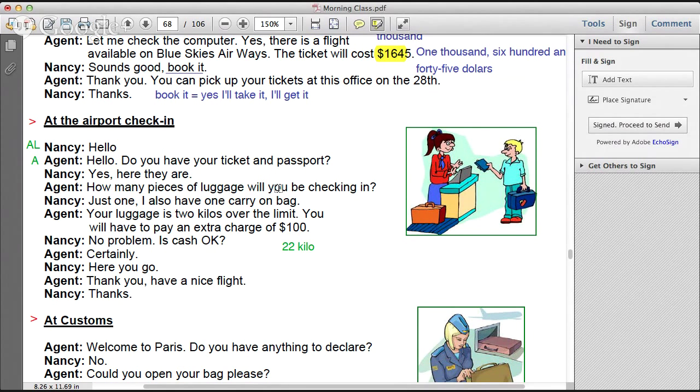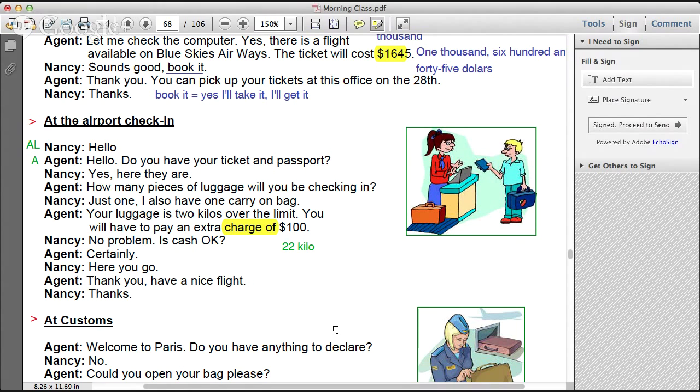Just one. I also have one carry-on bag. Your luggage is 2 kilos over the limit. You will have to pay an extra charge of $100. No problem. Is cash okay? Certainly. Here you go. Thank you. Have a nice flight. Thanks.